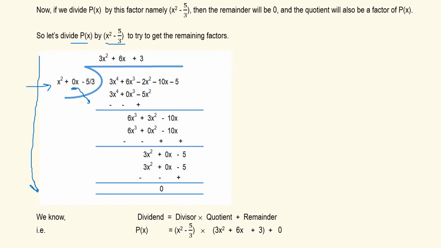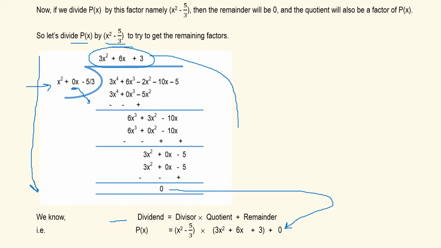And we get the quotient as 3x square plus 6x plus 3. And we know that dividend is equal to divisor into quotient plus remainder. In our case, we have gotten the remainder as 0 and the quotient as 3x square plus 6x plus 3. So we write this quotient here, and the divisor in our case is x square minus 5 by 3.